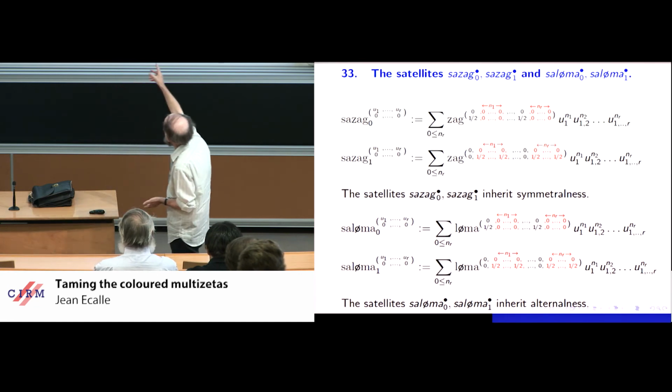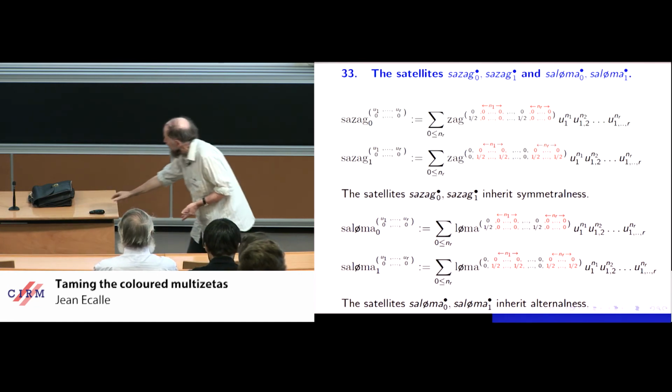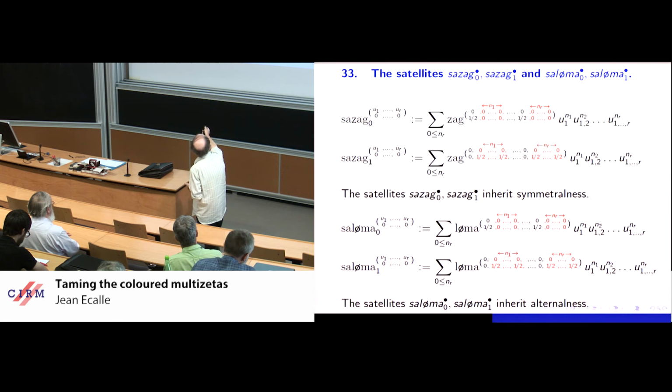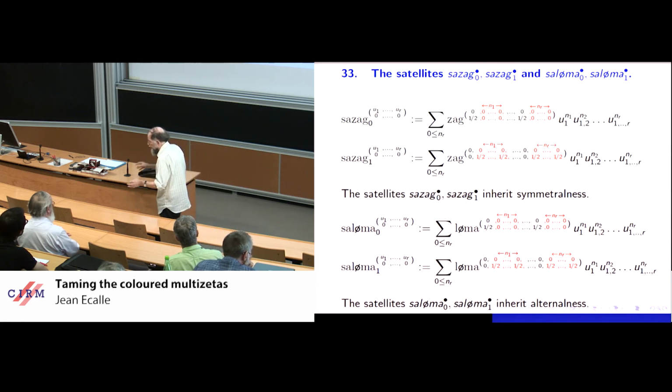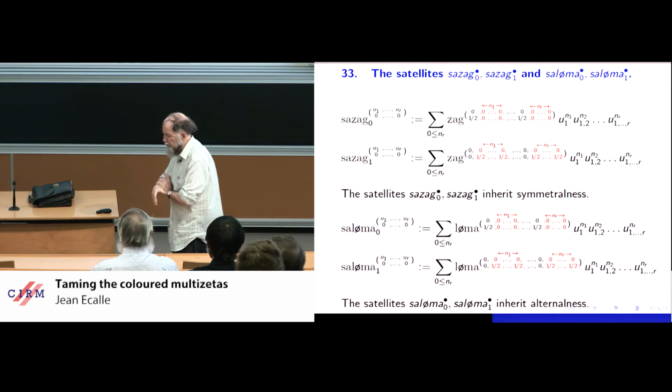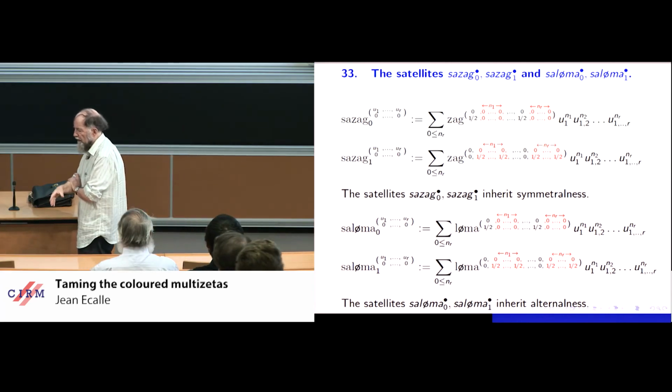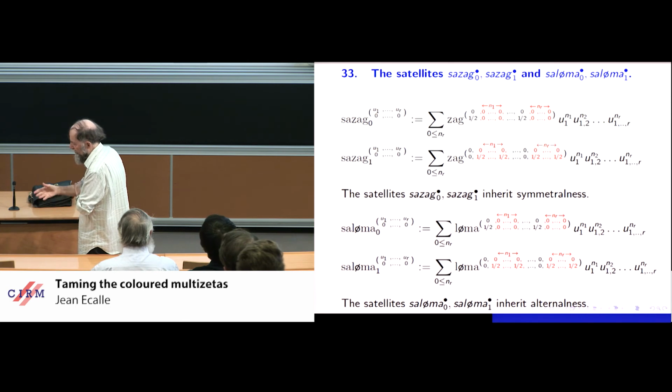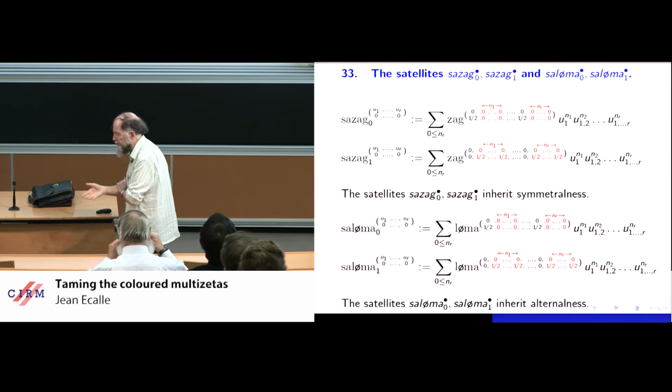So there are two satellites, there are two amplifications, and forget about the upper column, they are all zeros, and you have only the lower indices. In the first case you have strings of zeros, and in the second case strings of ones. And this is what you get, and you define in this way the two satellites. And again, the first symmetry is preserved. That is simply a result of the properties of amplification.